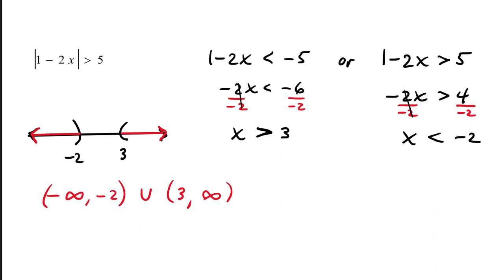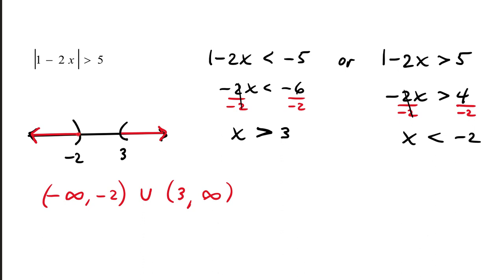The other inequality, 1 minus 2x, being greater than 5, we subtract 1, negative 2x greater than 4. Again, to solve for x, we're going to divide by negative 2. When you divide by a negative, turn your inequality around, x less than negative 2.